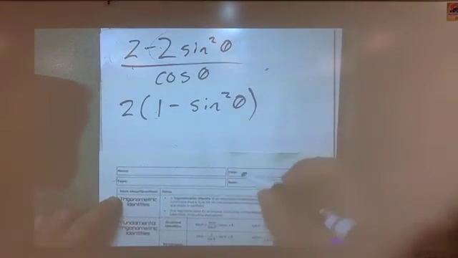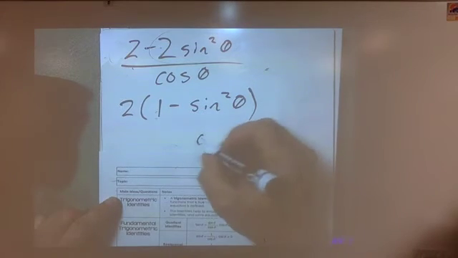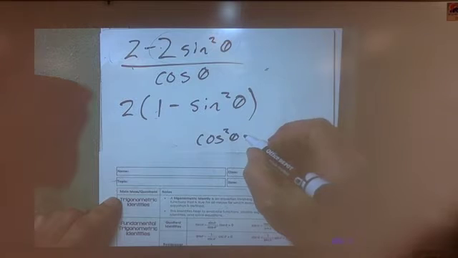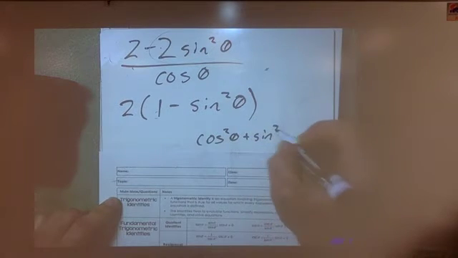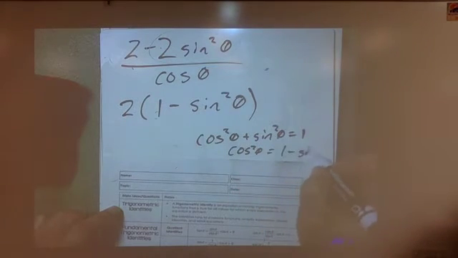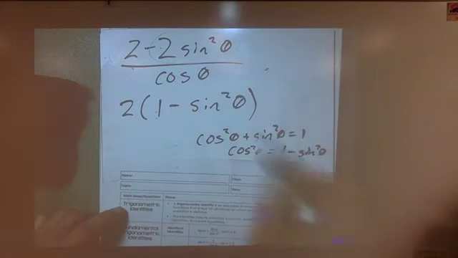So 1 minus sine squared theta is equal to cosine squared theta, because this is your Pythagorean identity. If you subtract the sine squared to the other side, you get 1 minus sine squared theta, and that's what we have here.